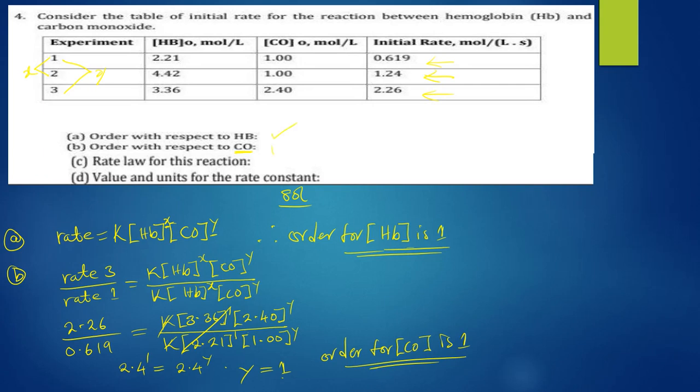So we have found A and B. We are done for A and B. Now the question is saying C: we're supposed to determine the rate law for this reaction. The rate law is very simple, provided that we have already found our orders. So we just have to replace in the general form of the rate law. So the general form of the rate law for this reaction is rate equals hemoglobin raised to power x, and then carbon monoxide raised to power y.